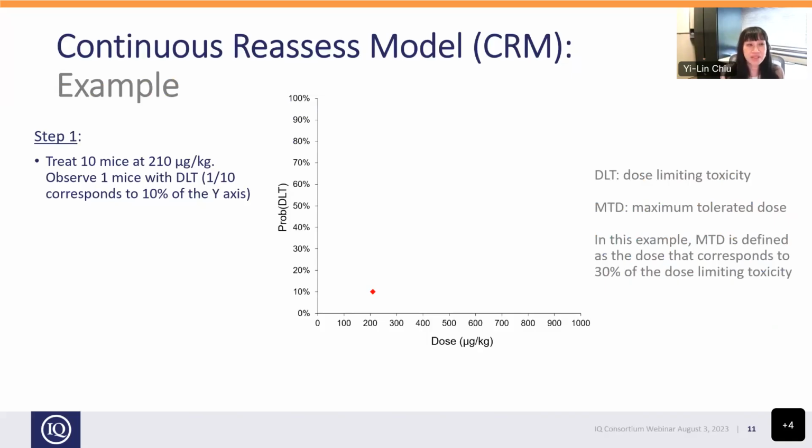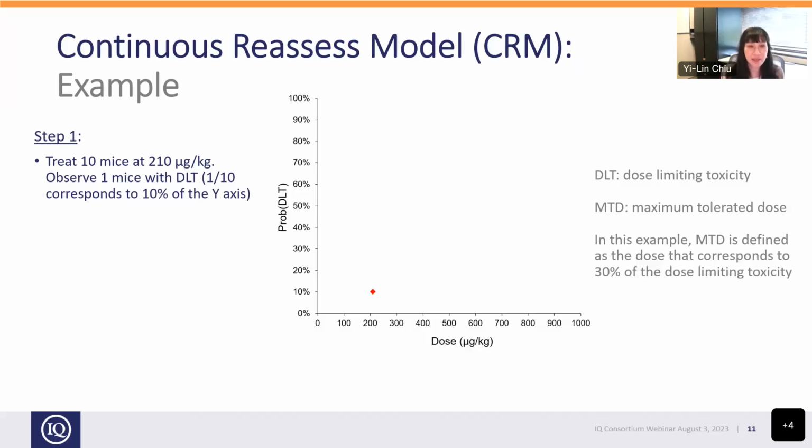And the result is that we observe one mouse with a dose limiting toxicity, one death. This is 1 out of 10, so obviously it's 10% on the y-axis. It's pretty simple. On the x-axis, we have that corresponding dose level, and on the y-axis, the toxicity rate. So we just plot our data point there.